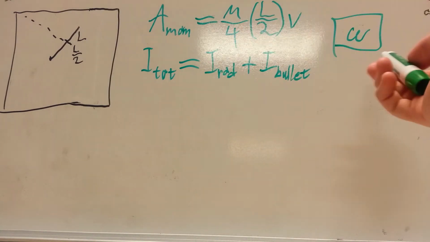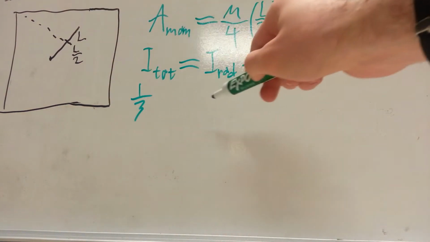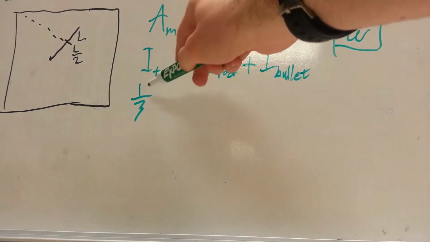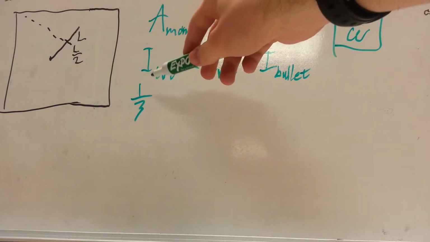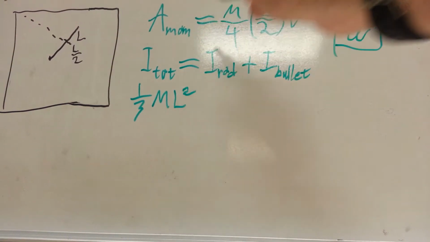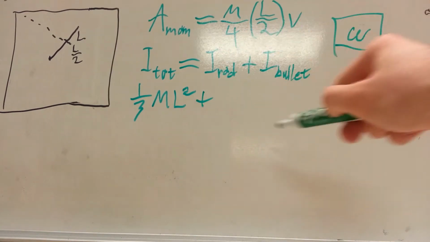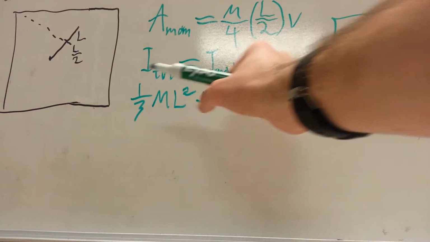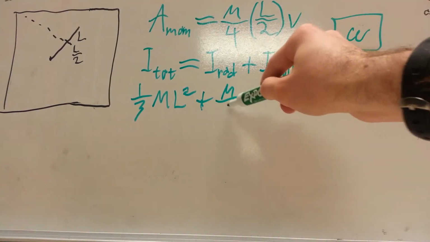Okay, so you may have memorized this by now, but if not, you can always look it up. Hopefully it's on your equation sheet. The moment of inertia of a thin rod, right, 1/3 ml², plus the point mass of the bullet, which is just the mass.